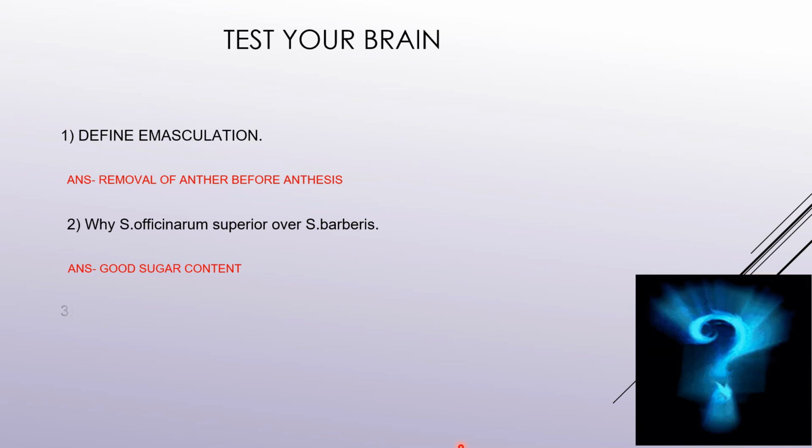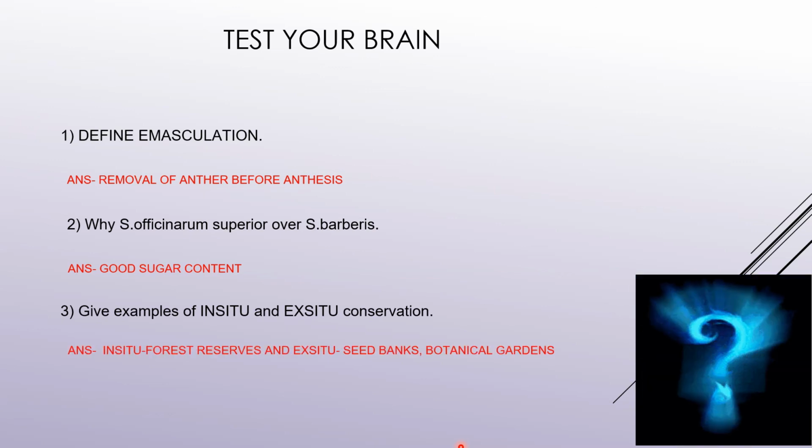Your third and last question is give examples of in situ and ex situ conservation. The answer is in situ involves forest reserves as well as natural reserves, and ex situ involves seed banks and botanical gardens.